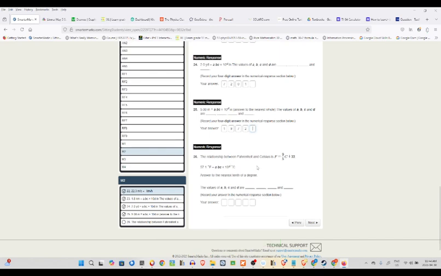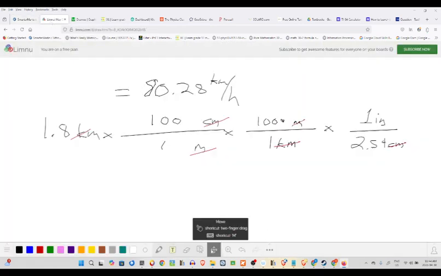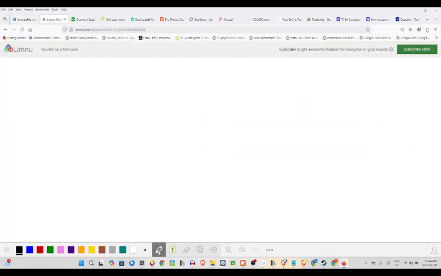Now our next one, we need to do a little bit of algebra. We are given a temperature in Fahrenheit. We need to turn it into a temperature in Celsius. So Fahrenheit is 9 over 5C plus 32.